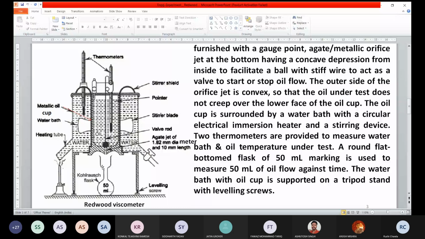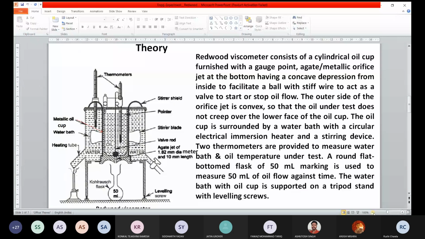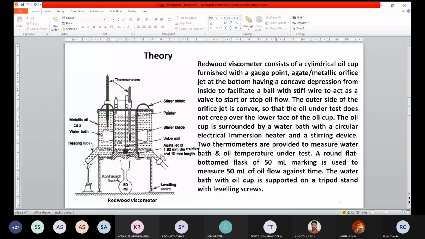I've already explained the working, but I will read out the content of the theory for you. Redwood's viscometer consists of a cylindrical oil cup furnished with a gauge point or a metallic orifice jet at the bottom, having a concave depression from the inside. I told you about this concave depression from the inside, to facilitate a ball with stiff wire to act as a ball to start or stop oil flow.